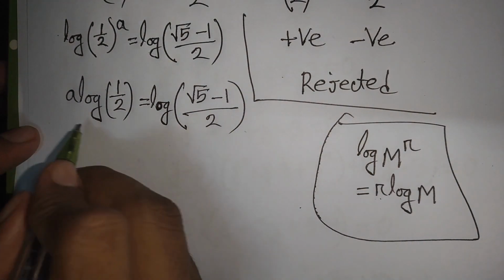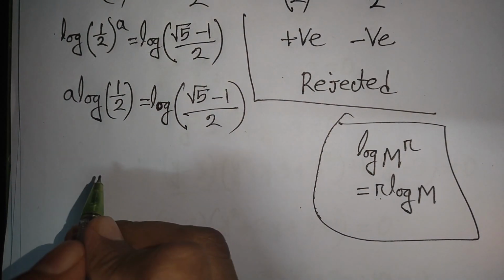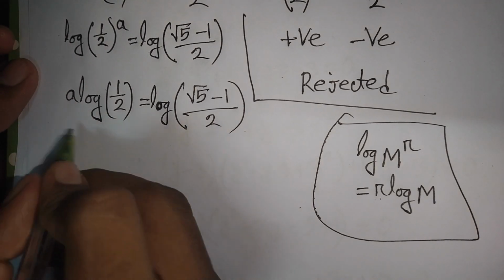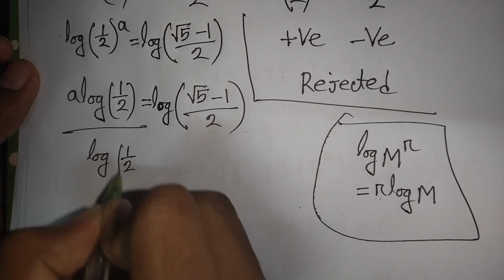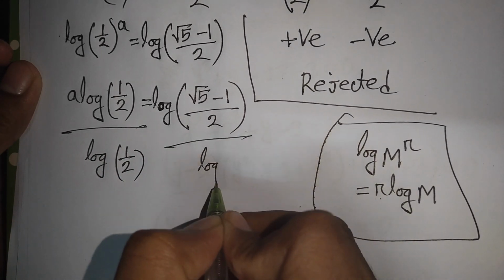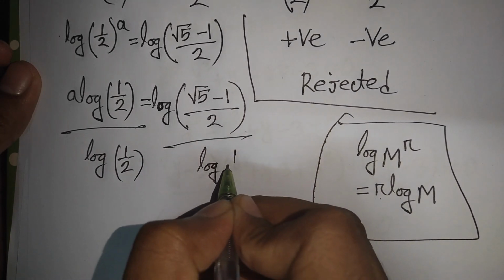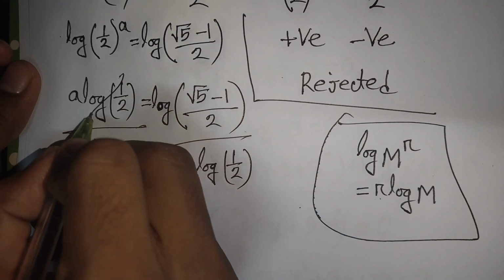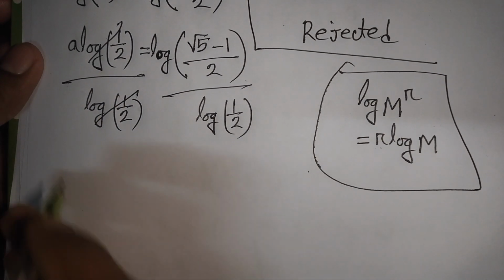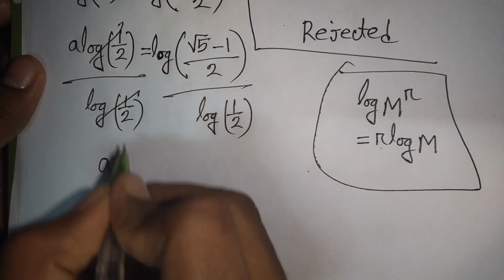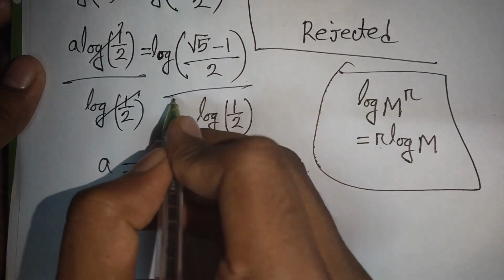Now we divide by log of 1 by 2 on both sides because we need the value of a. So this log of 1 by 2 and this log of 1 by 2 will be cancelled. So here a will be equal to this divided by this.